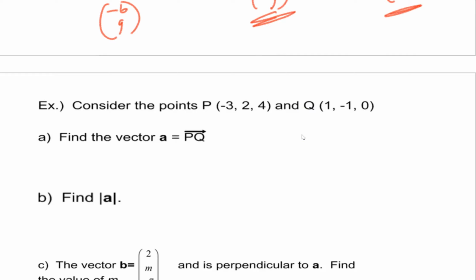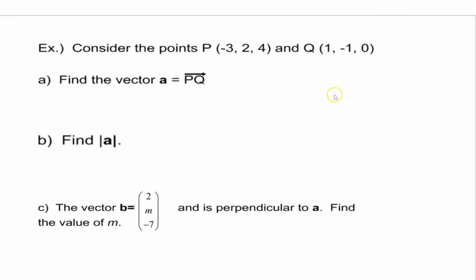So let's look at a quick example. Consider these 3D points P and Q. Find vector PQ. The way we do this, very simple, it is tip minus tail. That's how we find a vector. So in this case, the tip is Q, that has the arrow next to it, minus the tail P. So this is going to be 1, negative 1, 0, minus negative 3, 2, 4.